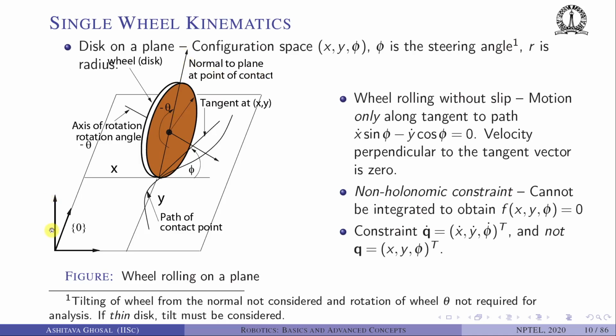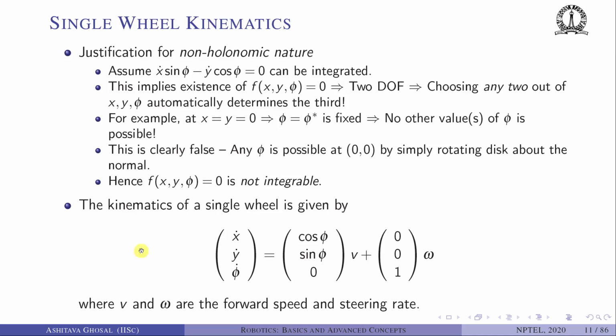So I can rotate the disk at the same x, y and achieve any phi. So this is clearly false because any phi is possible at 0, 0 by simply rotating the disk about the normal. Hence such a function does not exist and hence this equation cannot be integrated.